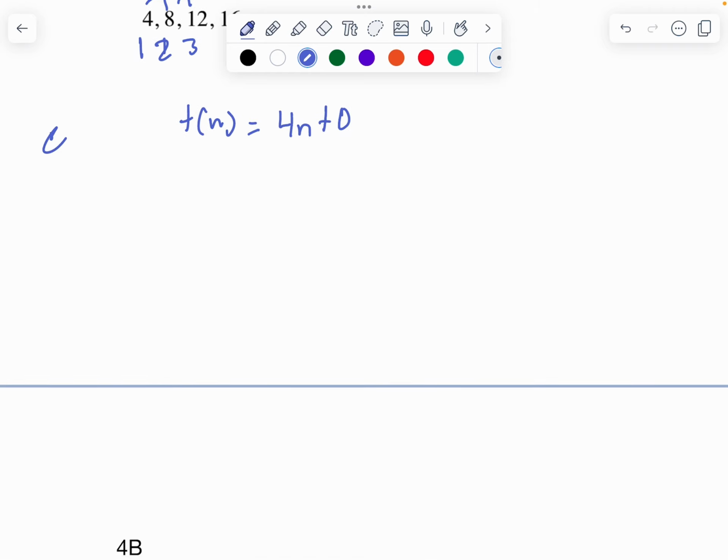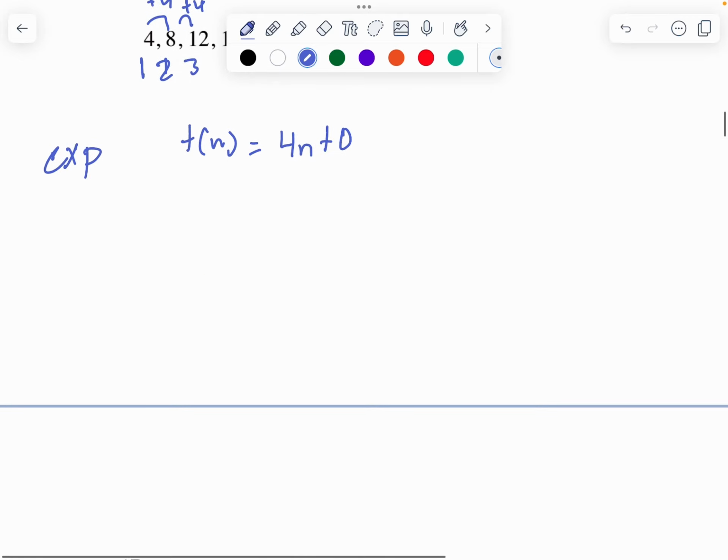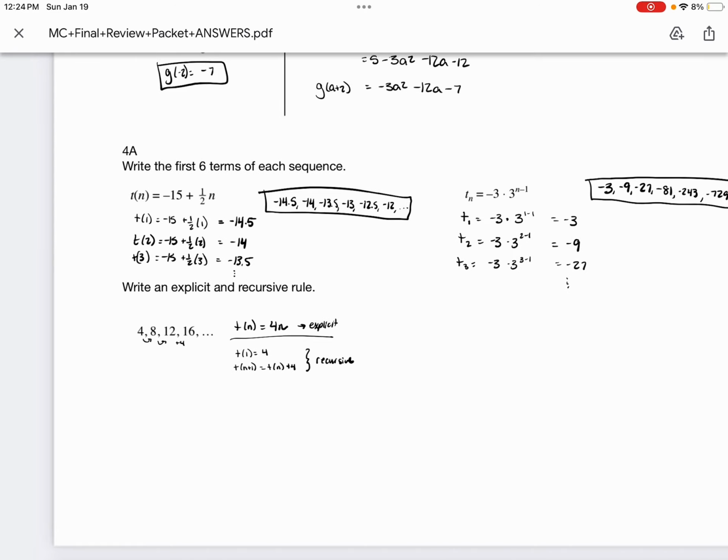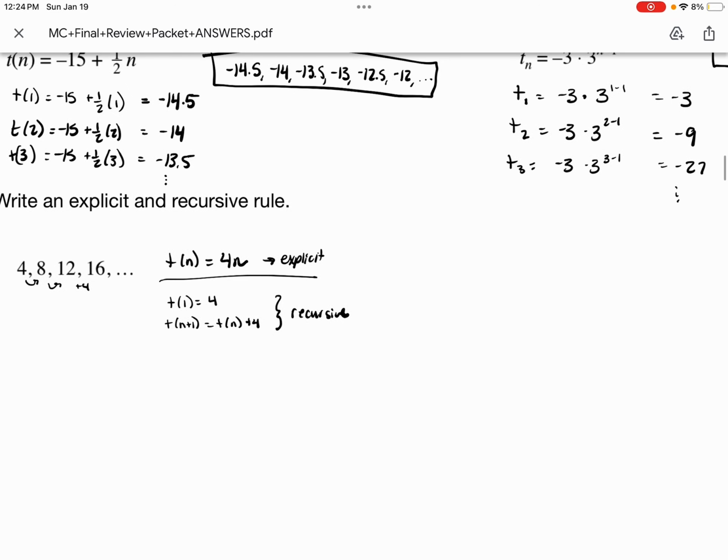Next, that's explicit. Recursive, next one. Kind of forgot how to write this.